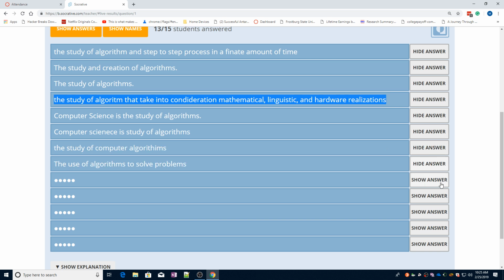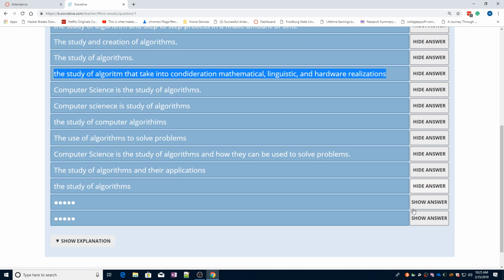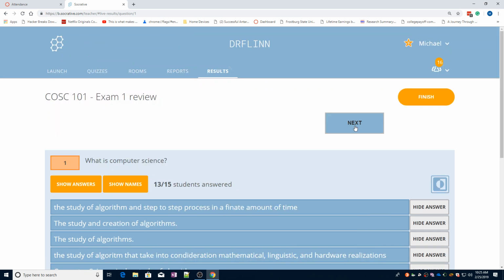Study of algorithms. I've already told you what I would do for that. Good. All right. At least nobody said it's the study of hardware. Good job. Next.